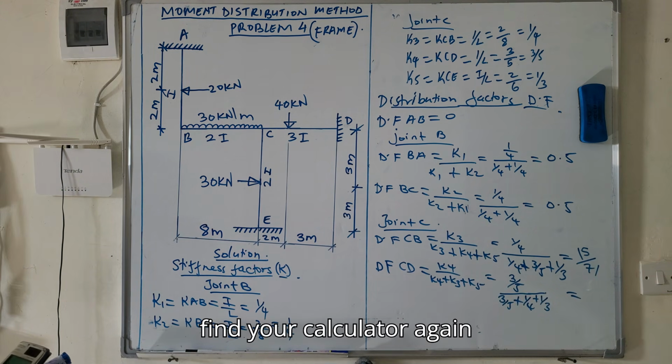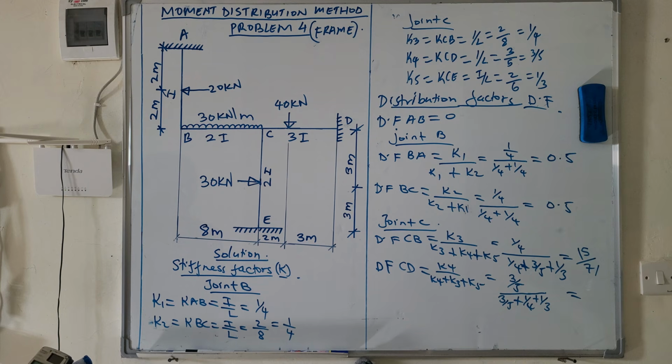Punch your calculator again. That's 36 over 71.